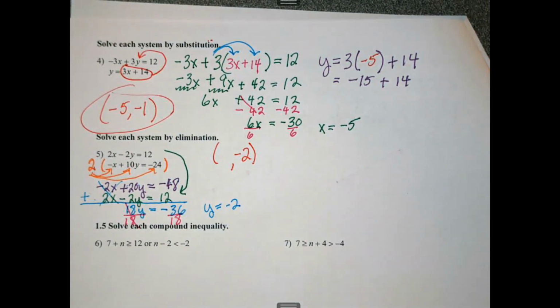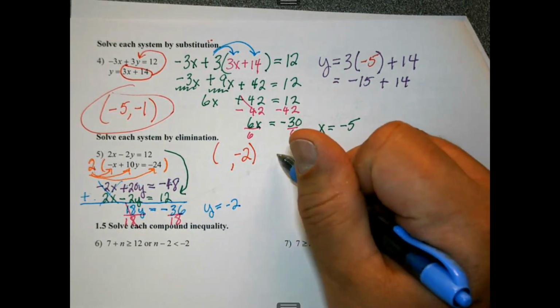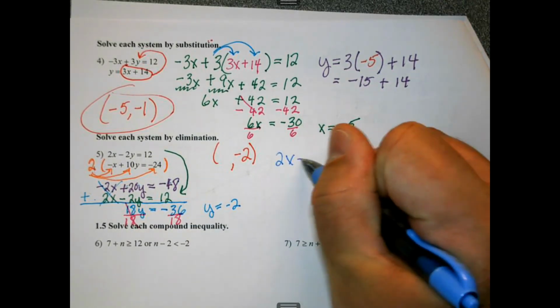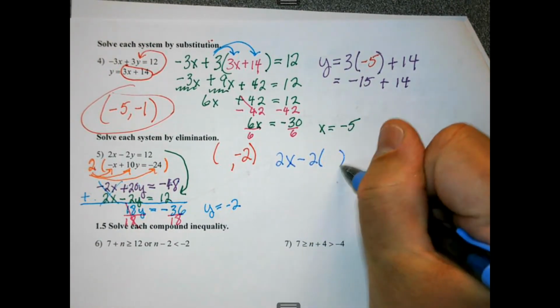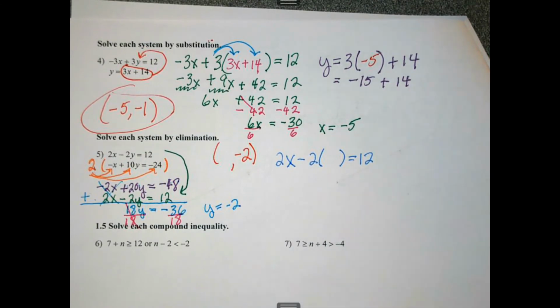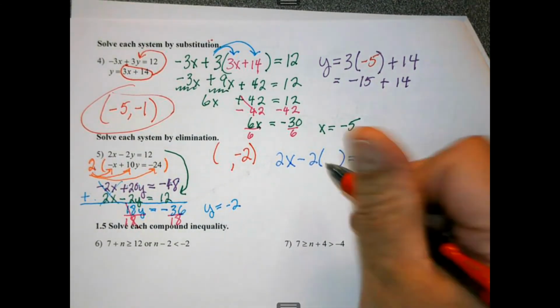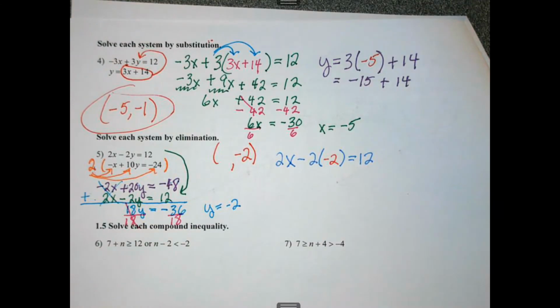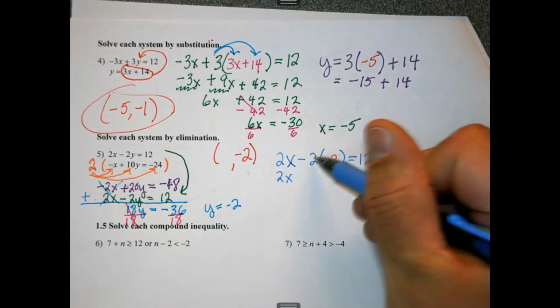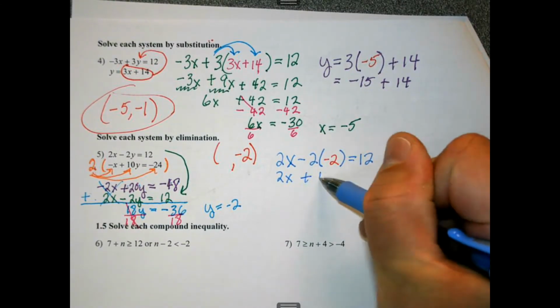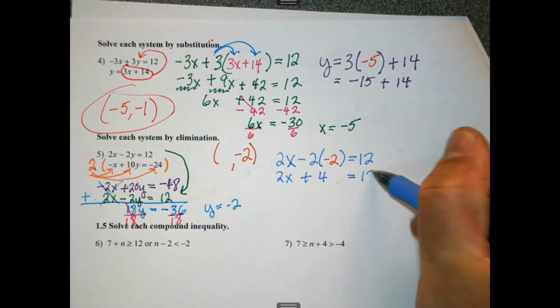Now I've got to figure out what x is. So I'm going to go back to the original equation, and it doesn't matter which one we pick. I'll pick the top one. 2x minus 2y equals 12, and again, I'm going to substitute in. My y is negative 2. So I have 2x, negative 2 times negative 2 is a positive 4, equals 12.